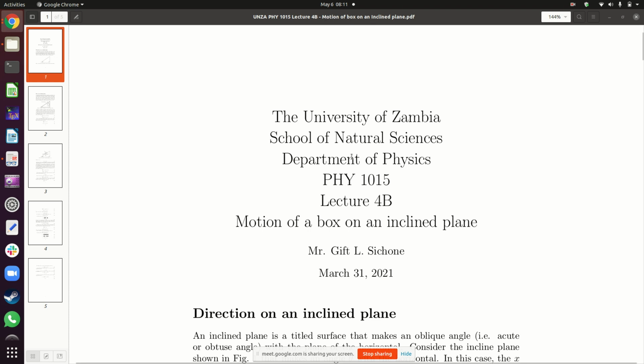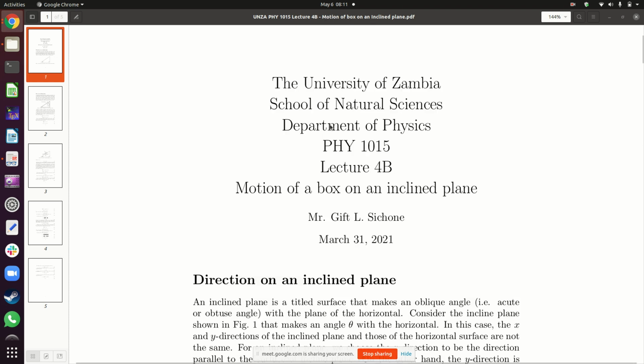Okay, so this morning we are going to continue our discussion of Newton's second law of motion, but we are going to be looking at the motion of an object or a box on an incline, which is something you will encounter in this course.